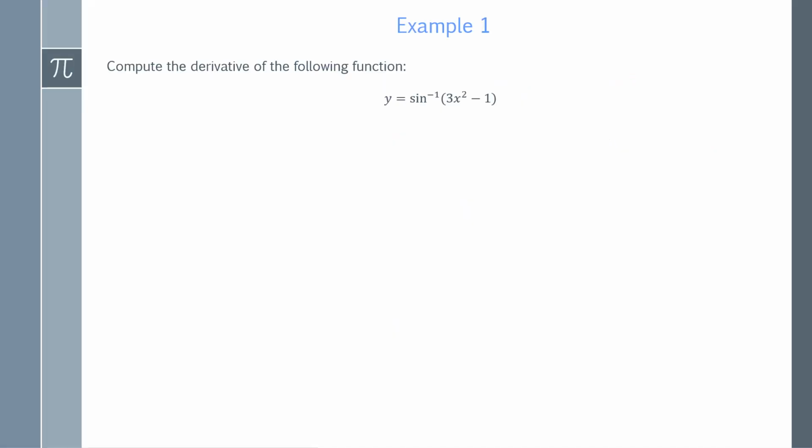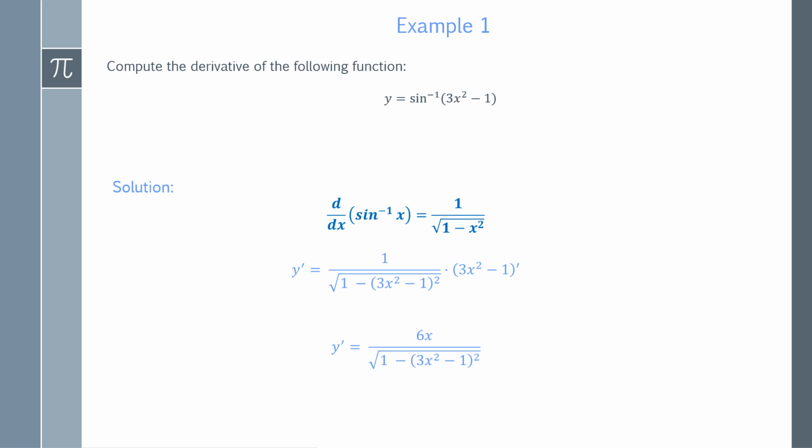So here's our first example where we would like to compute the derivative of sine inverse of the expression 3x squared minus 1. Let's discuss the solution to this problem. So here I am reminding you what the general formula is.